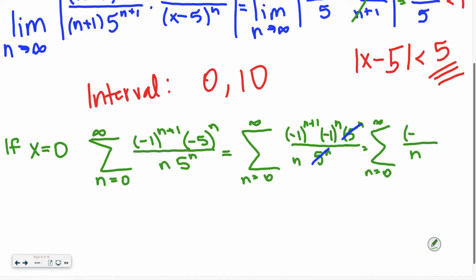So really we have -1 to the 2n plus 1. What kind of number is 2n plus 1 all the time? Odd. So this is always -1. So this is not an alternating series. This is a p series, and it diverges.